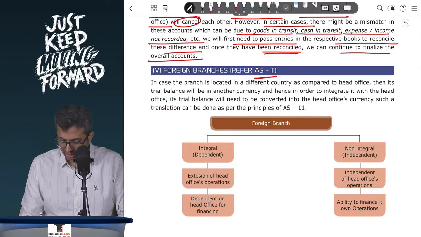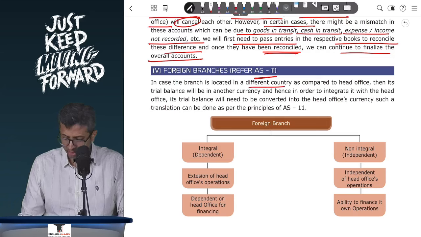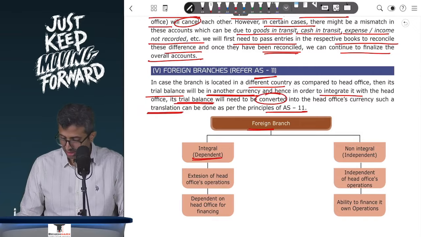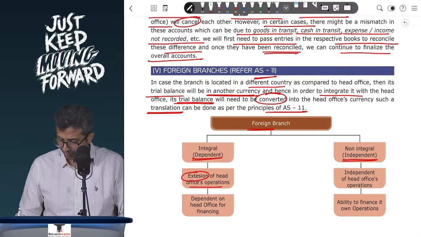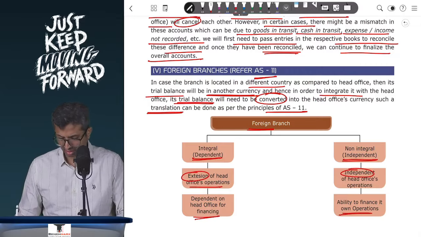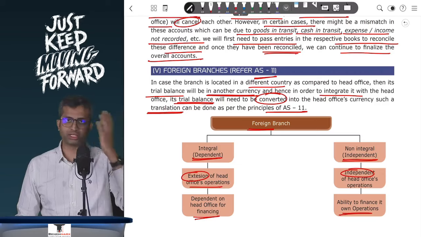Over here, in case a branch is located in a different country as compared to the head office, then the trial balance will be in another currency, and hence in order to integrate it with the head office, the trial balance will need to be converted into head office currency, and such a translation can be done as per AS11. Now when you look at a foreign branch, it can be integral, it can be non-integral. Integral would be an extension of the head office.